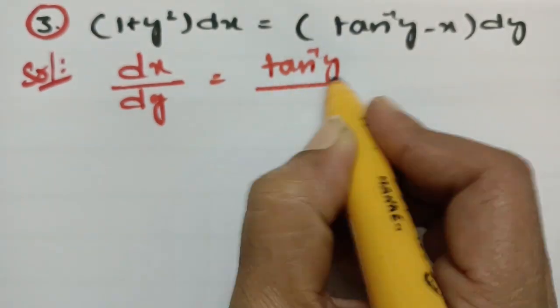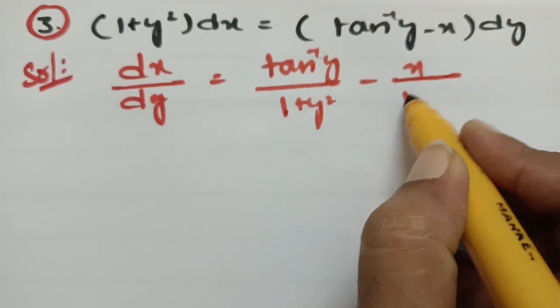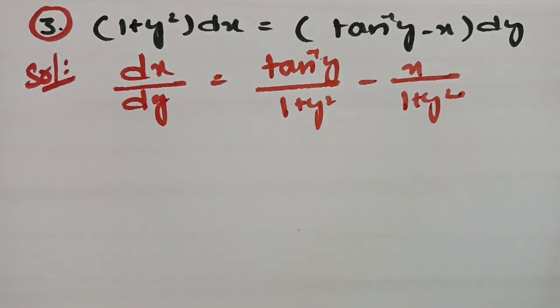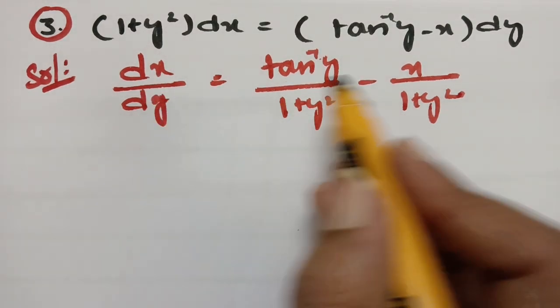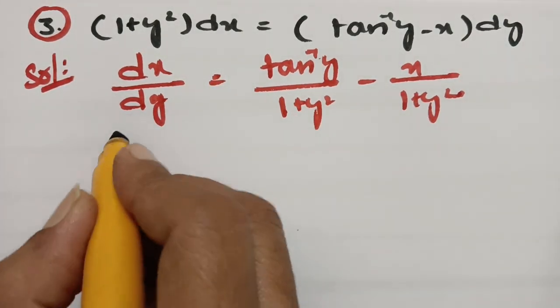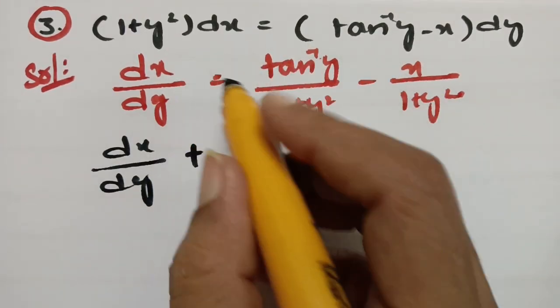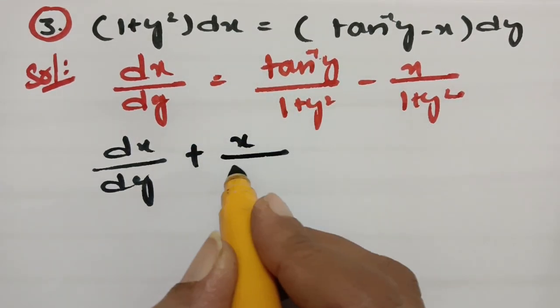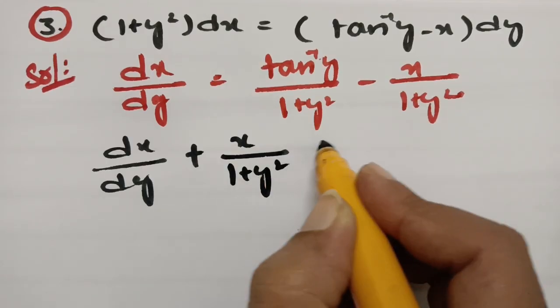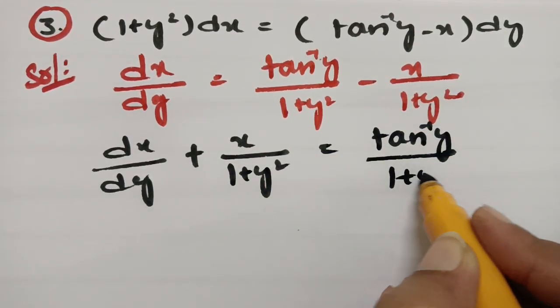This will be tan inverse of y by 1 plus y square minus x by, this value is tan inverse of y. And now see here, there is dx by dy, so I am bringing this single x to the other side, and this is going to become dx by dy plus x plus 1 by y square equals tan inverse of y by 1 plus y square.